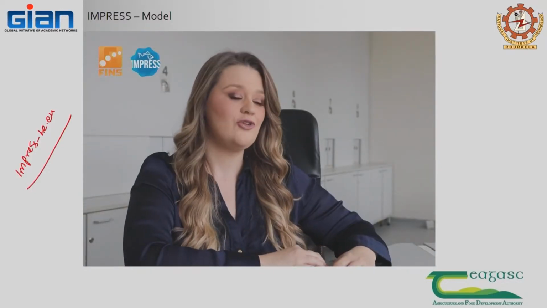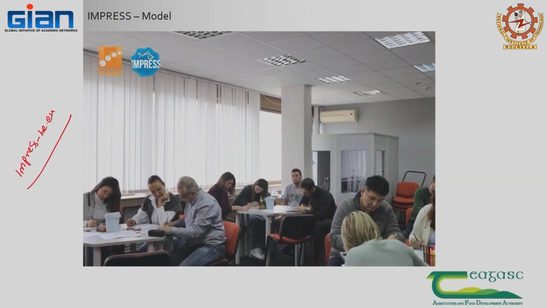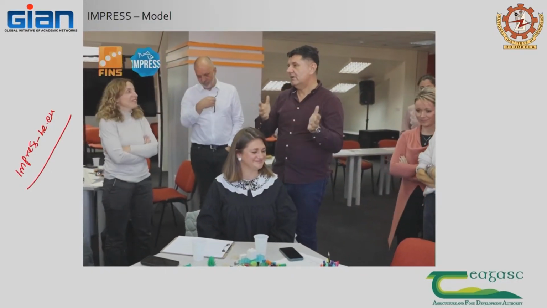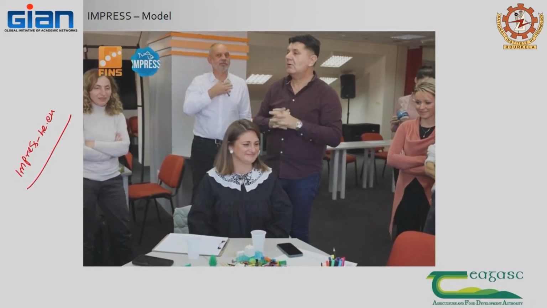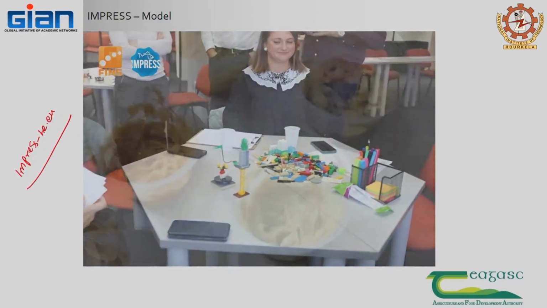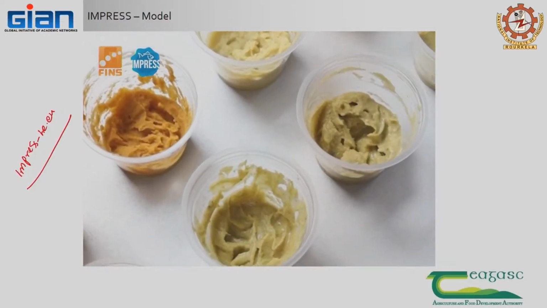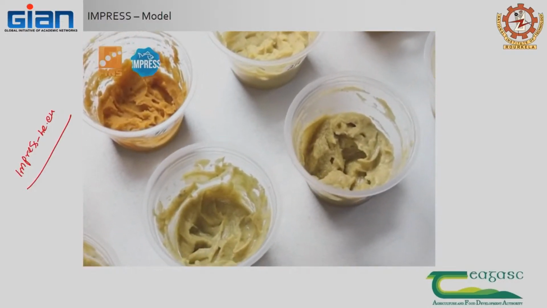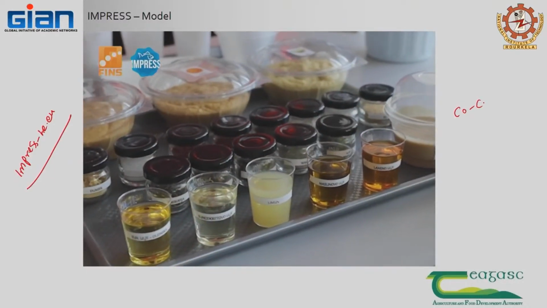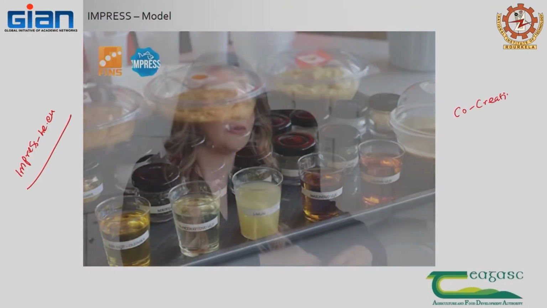Now we are ready to co-create. Our workshops brought together consumers, scientists, industry experts and policymakers to mix ideas, expertise and creativity. It's all about creating innovative spreads that combine science, market needs and consumer preferences using sustainable and healthy ingredients.